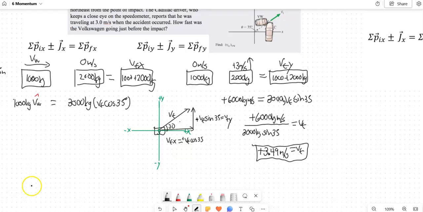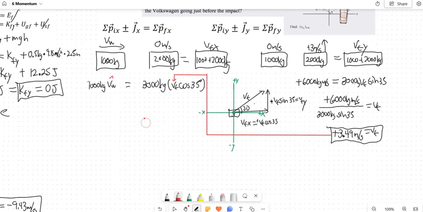I'm going to do that really quick again just to double check my answer. I double checked it and it's correct. So we're going to take this 3,000 kilograms and the positive 3.49 meters per second, and plug it right into here.